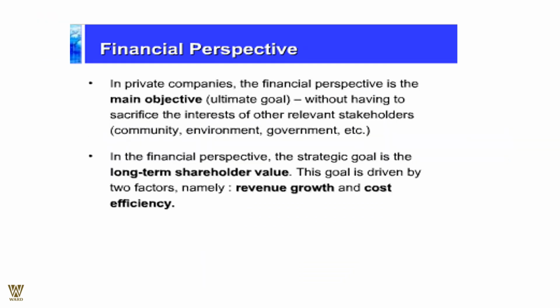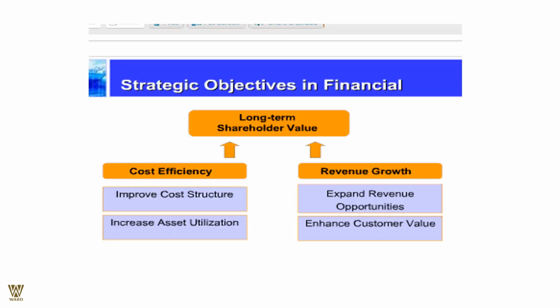Financial perspective: in private companies, the financial perspective is the main objective, the ultimate goal, without having to sacrifice the interest of other relevant stakeholders, community, and environment. In the financial perspective, the strategic goal is to have long-term shareholder value. This goal is driven by two factors, namely revenue growth and cost efficiency. How do we go across with it? Through revenue growth and cost efficiency time and again.